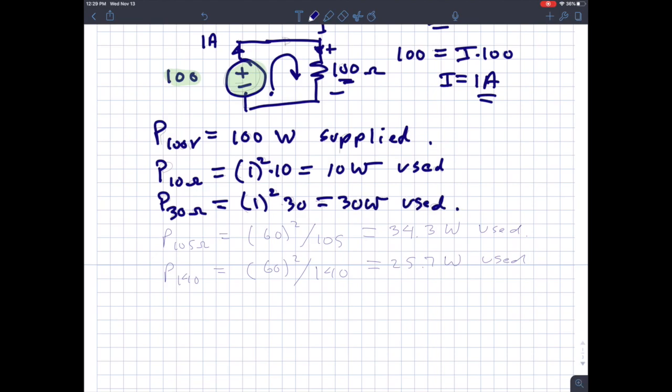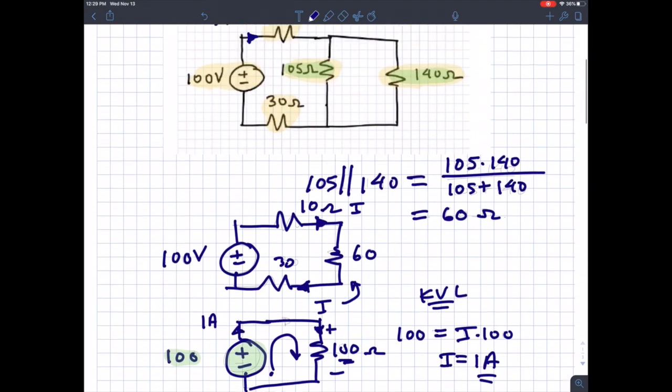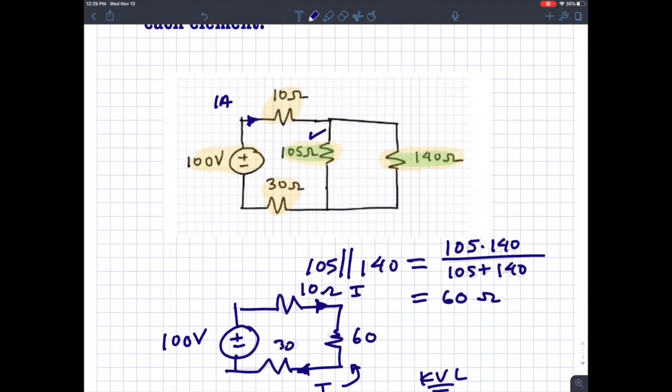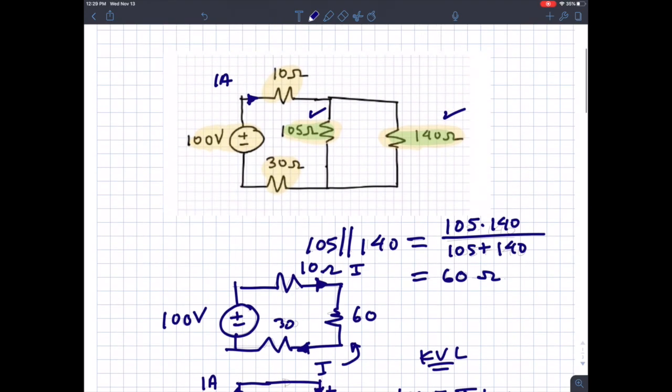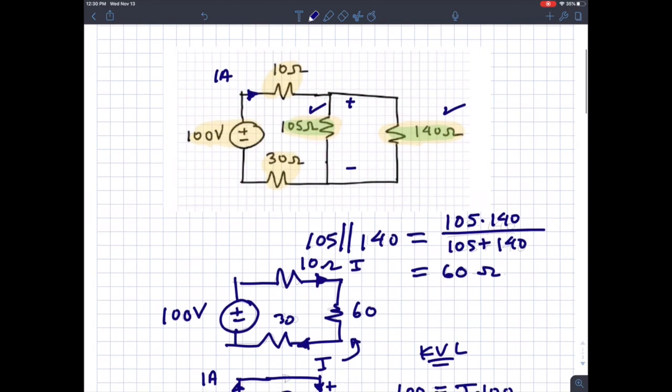When we get to the original circuit, we need the power associated with the 105 ohm element and the 140 ohm element. If I had the voltage across that parallel combination, I could use the V squared divided by R formula to get the power for each of the resistors.